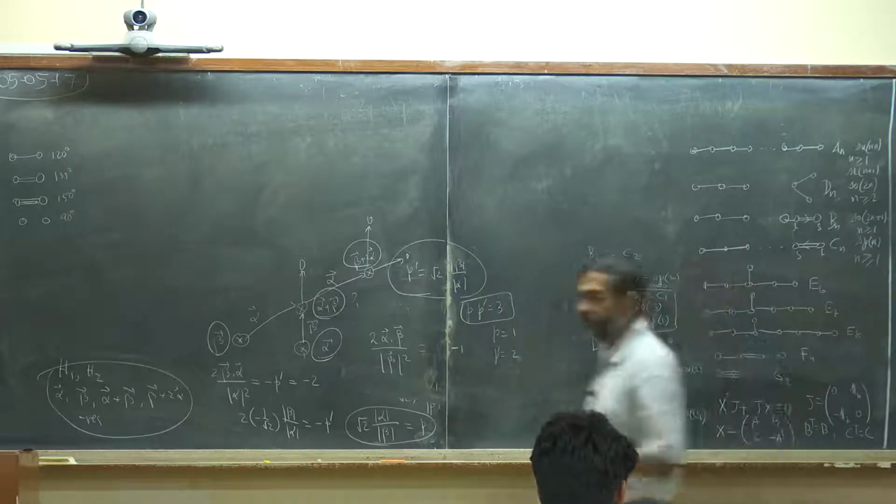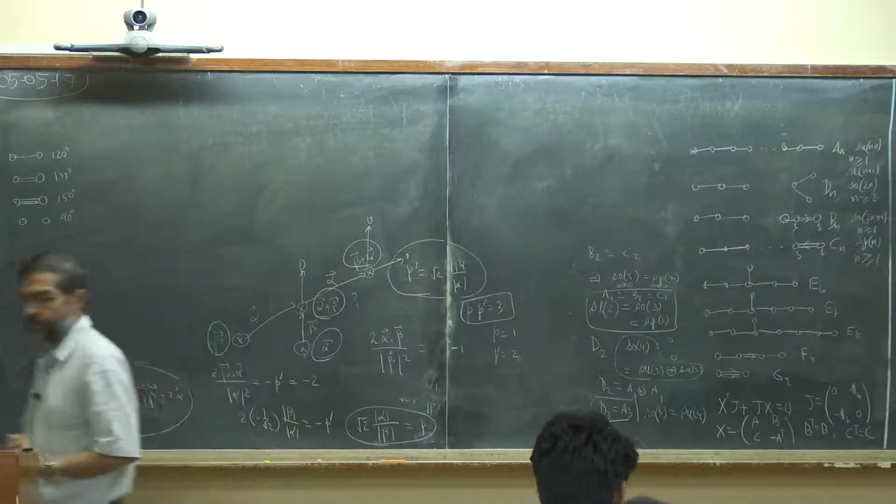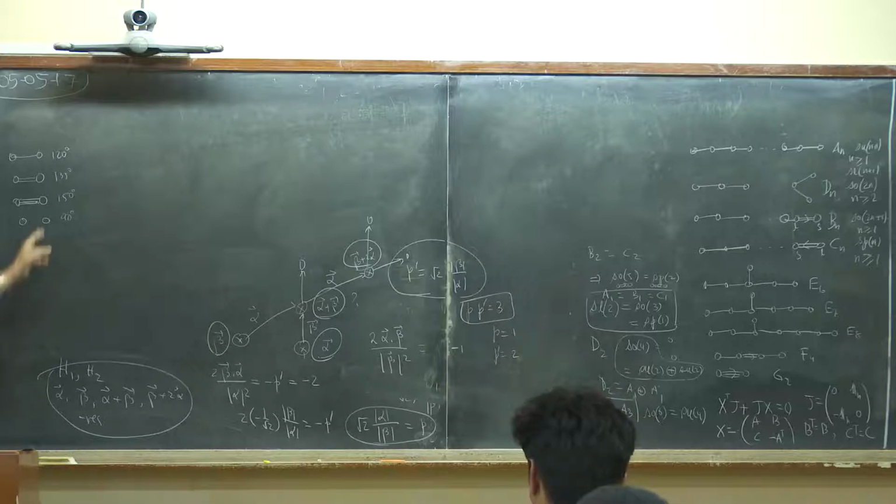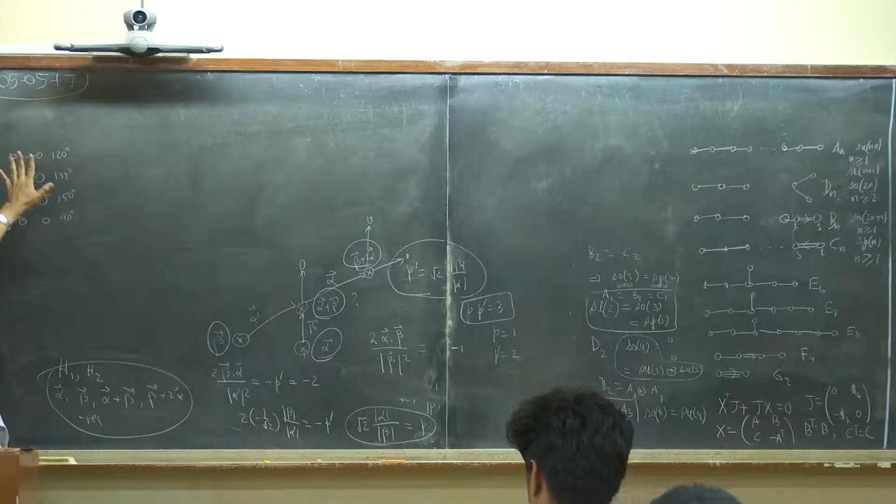So that is how it goes. PP prime equal to 4 doesn't appear. It's always a prime, basically because the number of possibilities here is very small.